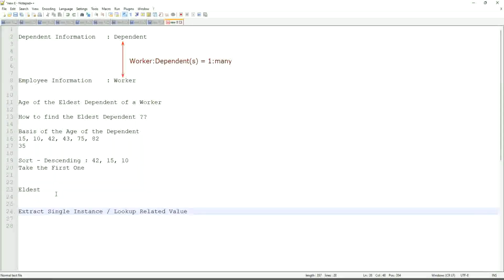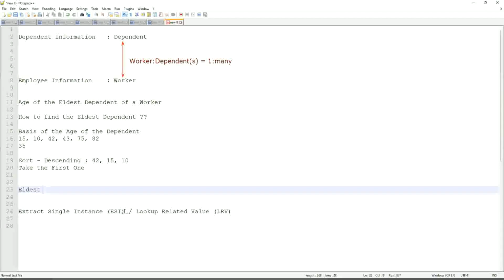This is the most common calculated field function that people will ask you in your interviews. Extract single instance is called ESI. Lookup related value is LRV. They work in combination.